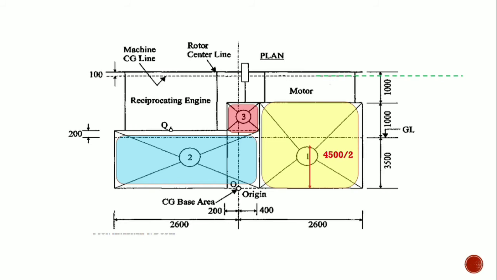Similarly for the second block, it is 3500 plus 200, which is noted on the left hand side, by 2, while for the third one it is 3500 plus 200. The block itself has a height of 800, so it is 800 by 2 in addition to the first two values. So these are the CGs in the elevation.